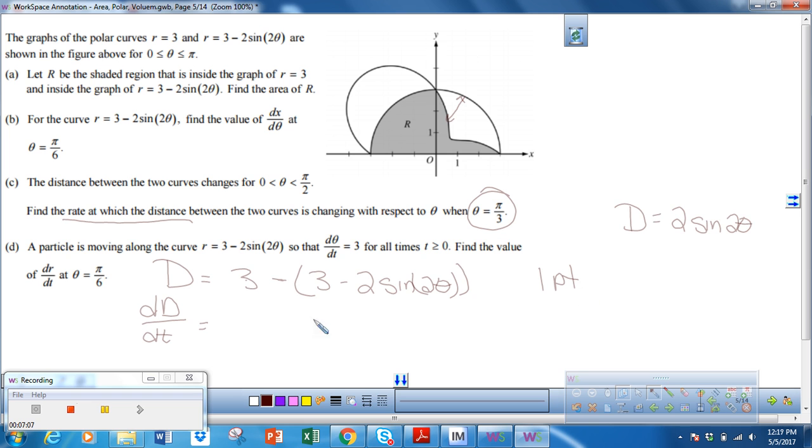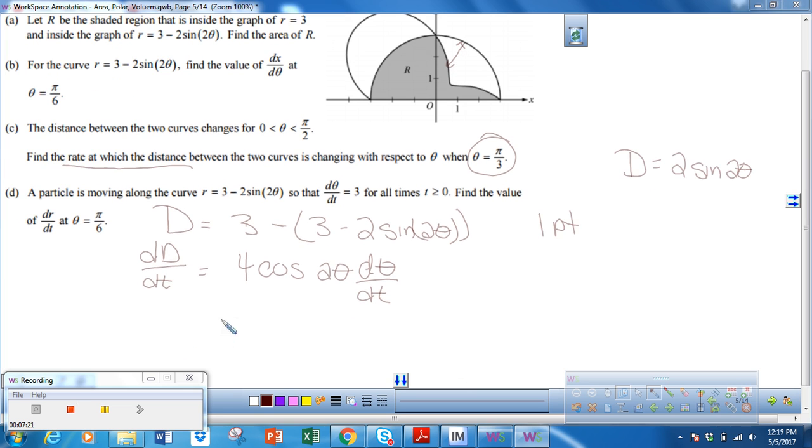And I'm taking the derivative with respect to t, so that's going to give me 4 cosine 2 theta. But I'm not done because I'm taking the derivative with respect to t, so I have to do d theta dt. And from here, all the information was given, so this will be 4 cosine of 2 times pi over 3.